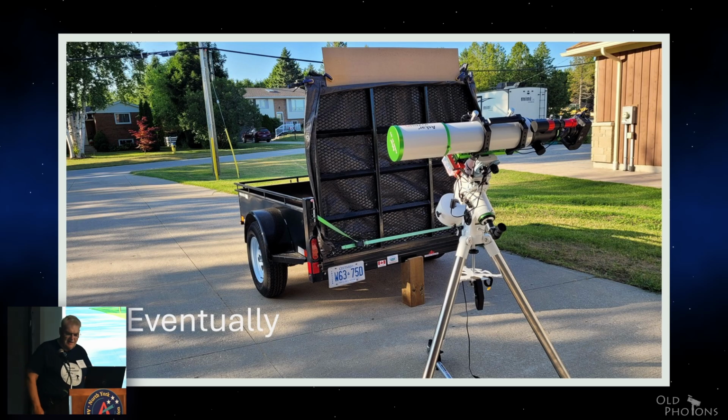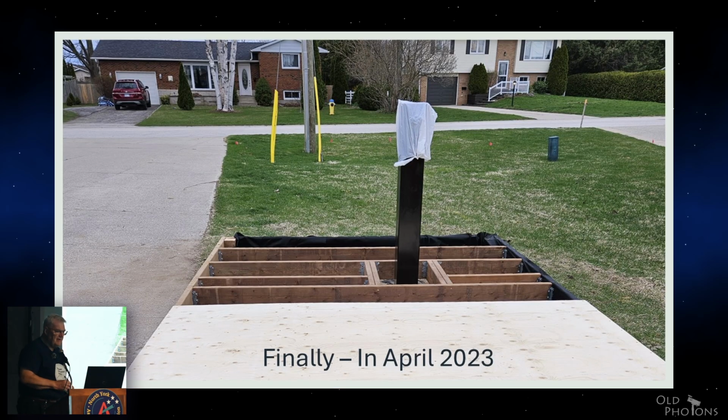So finally, in April of 2023, I started to build my roll-off observatory, because dragging the trailer out every night was getting tiring, and it was starting to attract the attention of the people in the neighborhood who knew that I was going to be setting up a telescope that night.